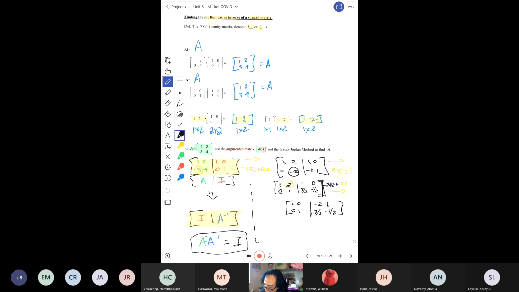So now that I have the identity on the left, this is your inverse. And I could multiply this A inverse by this A and I'm going to get the identity, right? So you can do that with any matrix.